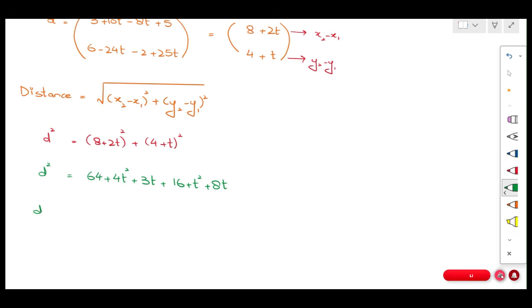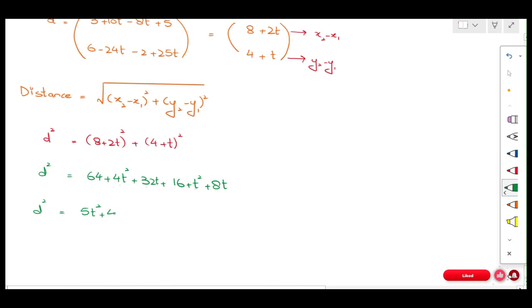So now for d squared, the squared terms are 4t squared plus t squared, so 5t squared. The t terms: sorry, it's 32t, because when you do 2ab, 2 times 2 is 4, and 4 times 8 is 32.